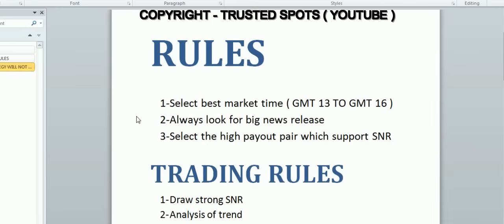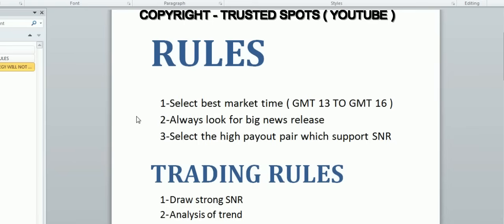But that's not the reality. If you select a good market time, the market will have large volume, good support and resistance respect, and good candlestick analysis, and then your winning ratio will certainly increase.